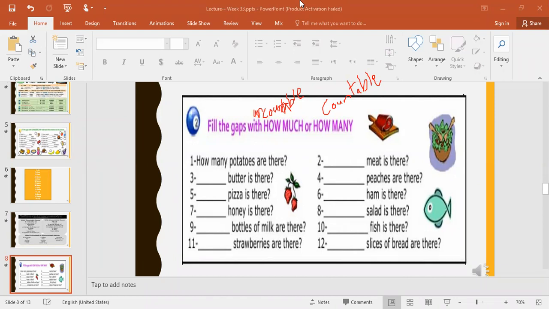Number 10. How much? So how much fish is there? Can we count fish or not?